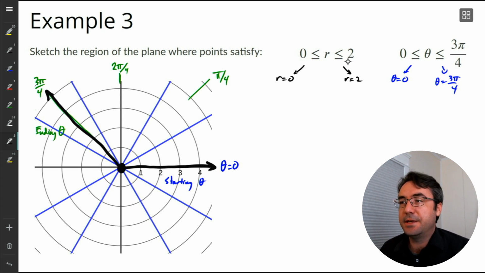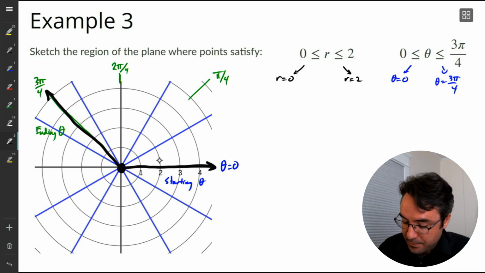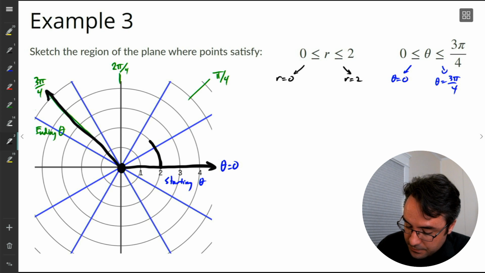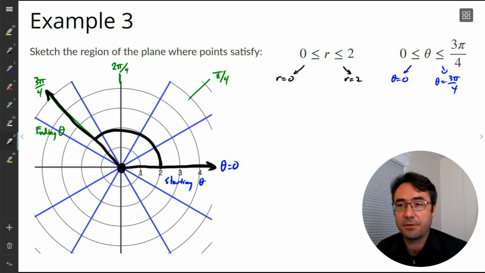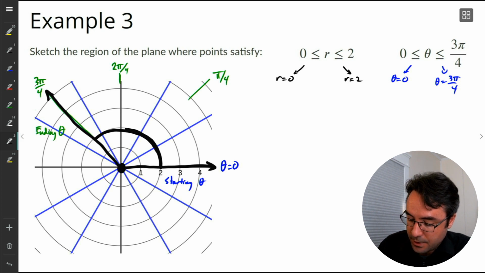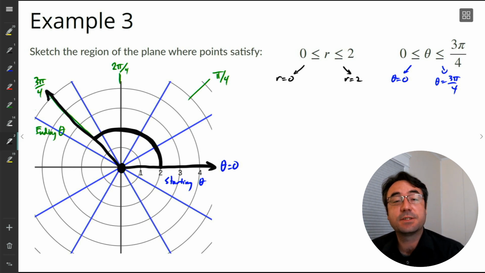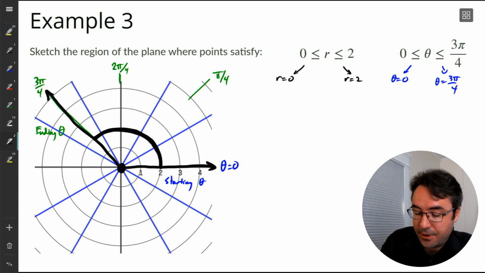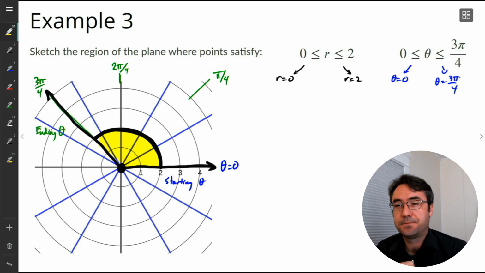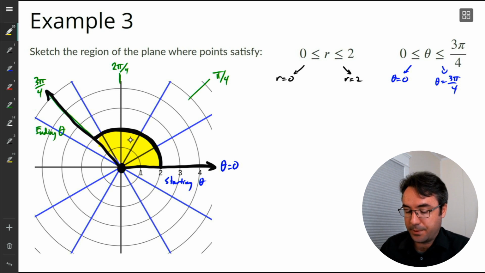And if r is up to 2, at most we can get up to this r equals 2 portion here. Then we just imagine this going around, and we stop at our ending theta value. The region is then everything in between. So this would be the polar region.